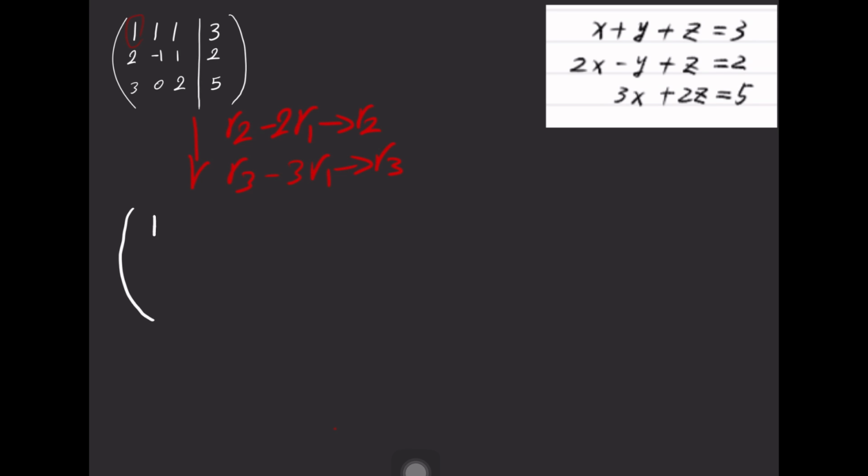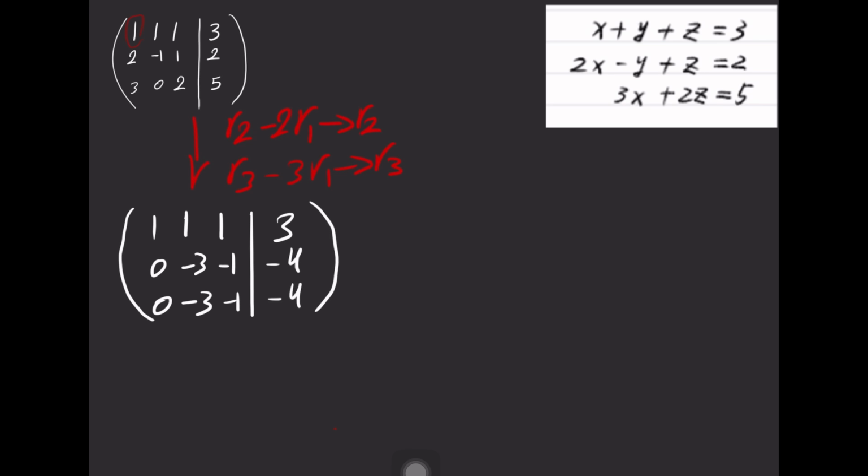We have 1, 1, 1, 3, 0, -3, -1, -4, 0, -3, -1, -4. Do you notice something here? We notice that row 2 and row 3 are identical.